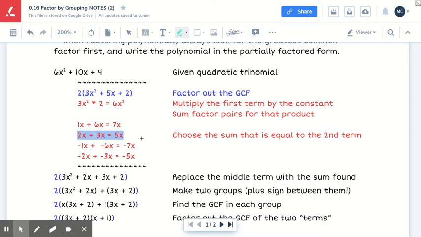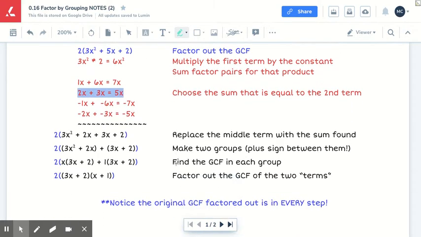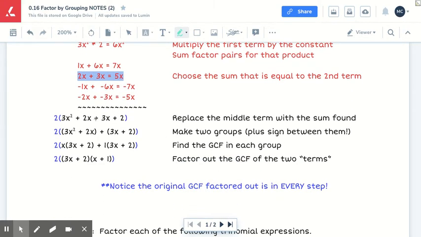So this is the pair that works for that one. If I then use that to split up the middle term, just like I did yesterday, then I can make the two groups, and the entire process is the same from there.